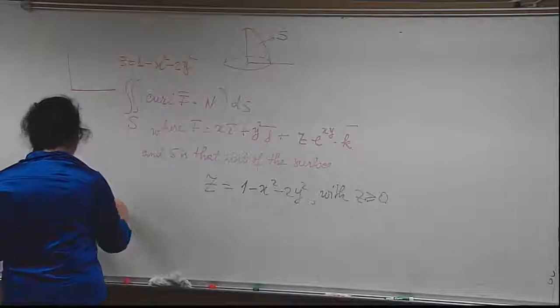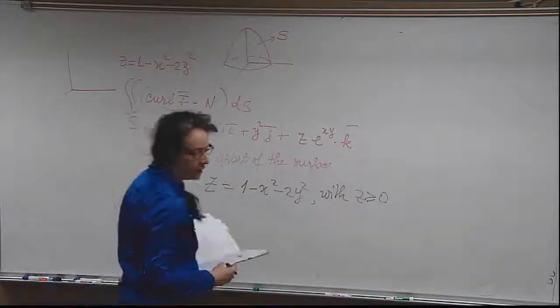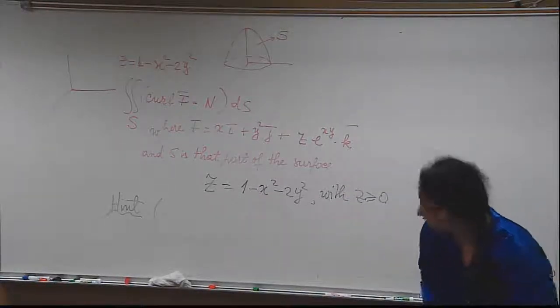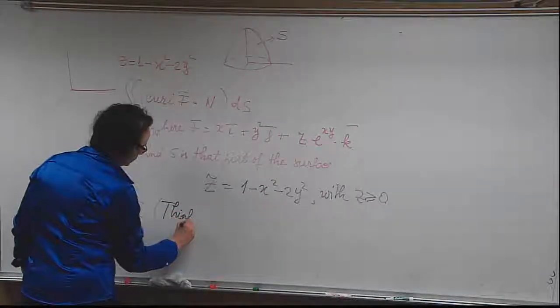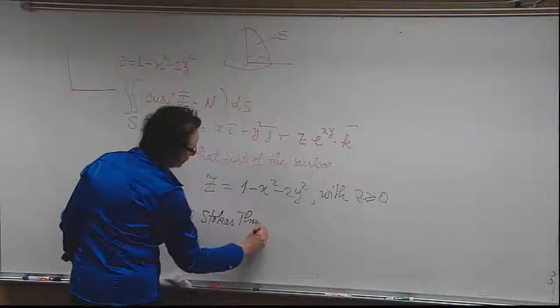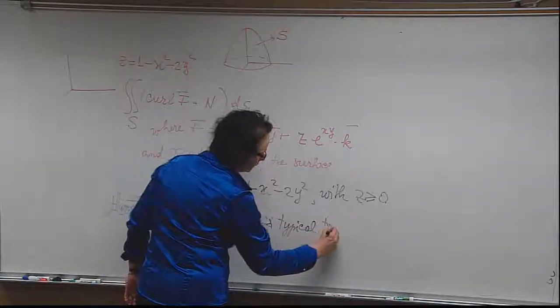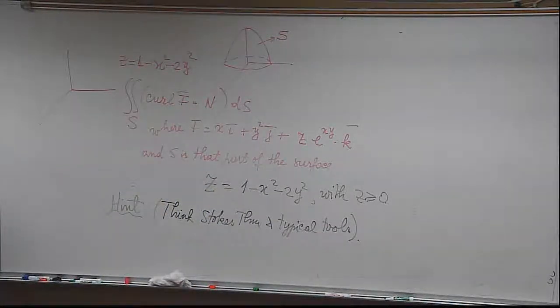And the hint is, I think we may give you this hint on the exam: think of the Stokes theorem and the typical tools you have learned about. Okay, what does it mean?